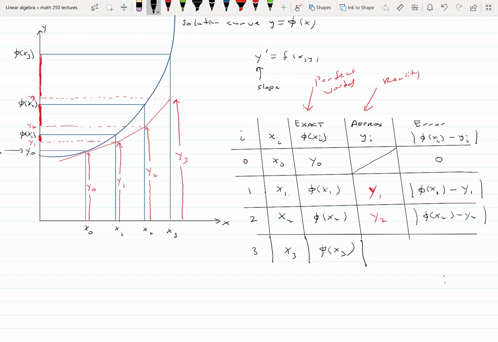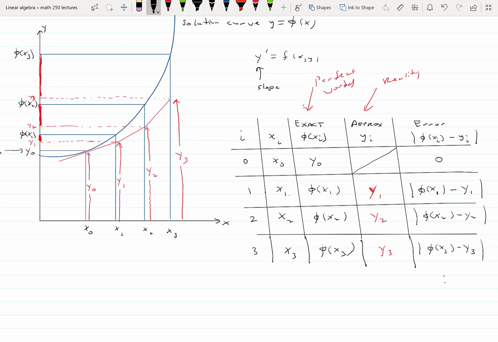We estimate phi of x3 by using y3, and that y3 we get by using a tangent line at our previous estimate at y2. So our error seems to be compounding. These estimates are getting worse and worse in terms of error as we move from point to point to point.